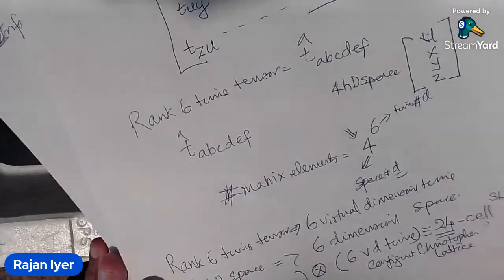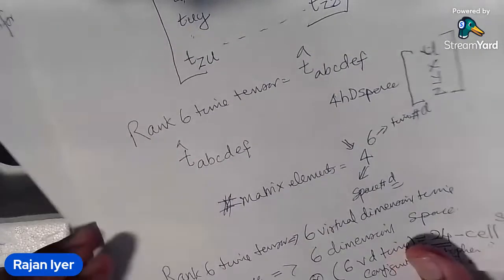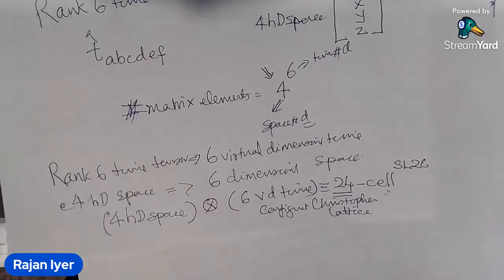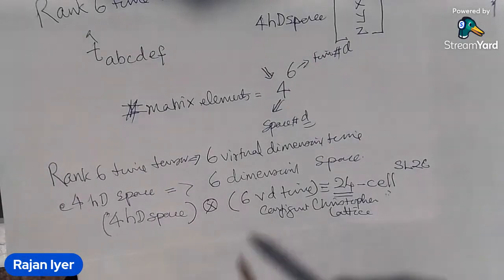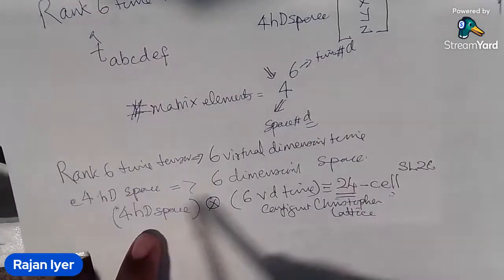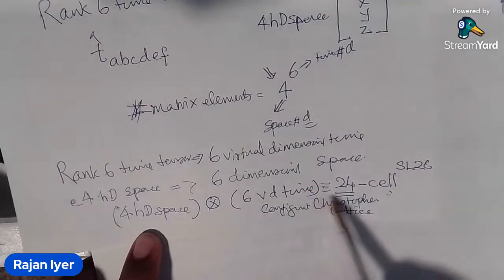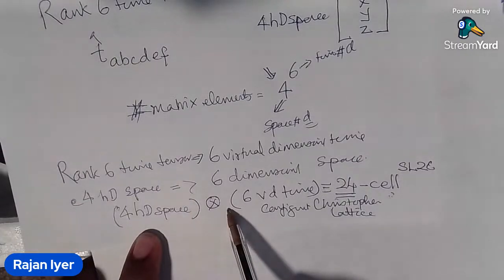Just move the paper up a bit so we can see what you're writing. Yeah, it's better. So rank 6 time dimensions, 6 virtual time, 4D space.